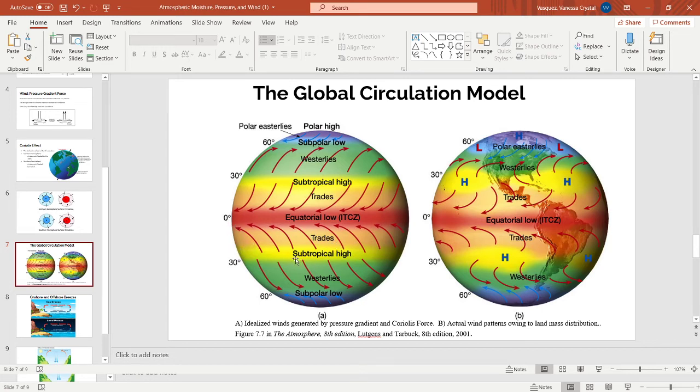Then we have the westerlies, blowing from the west, found between 30 and 60 degrees, again in the northern hemisphere. And we have the polar easterlies, blowing from the east, found between 90 and 60 degrees. It's not written here, but these blue arrows are the polar easterlies, from the east, 90 to 60 degrees.